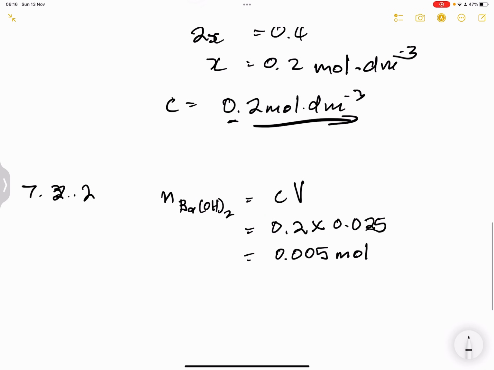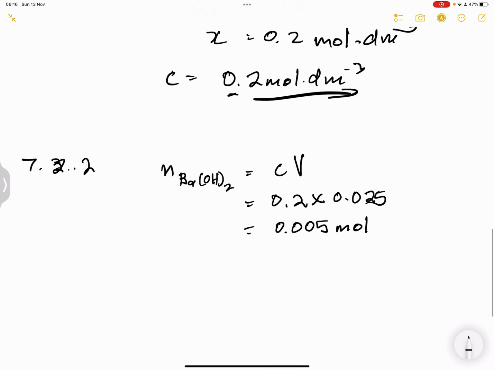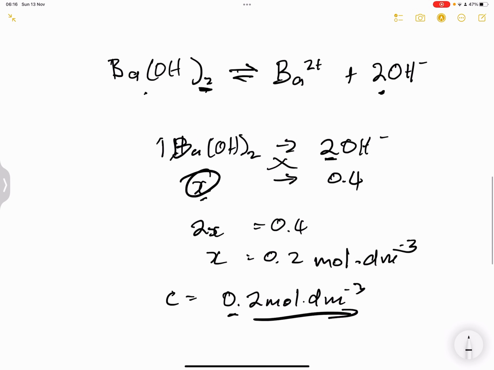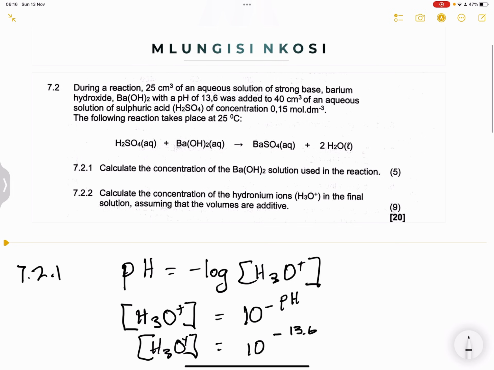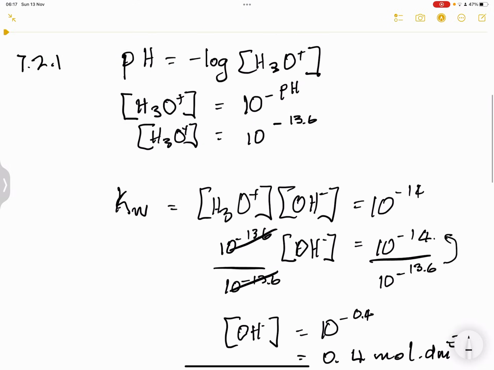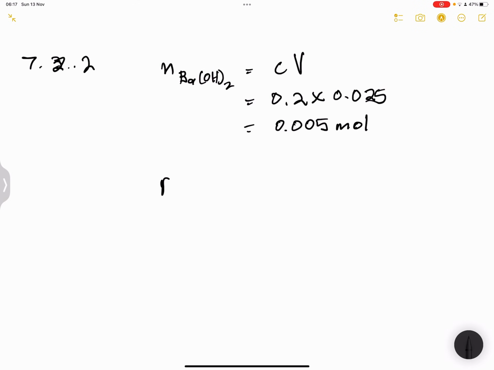Now I am also going to calculate the number of moles of sulfuric acid. They told me the concentration is 0.15, and the volume is 40 cubic centimeters of aqueous sulfuric acid. So the number of moles of sulfuric acid is concentration times volume.